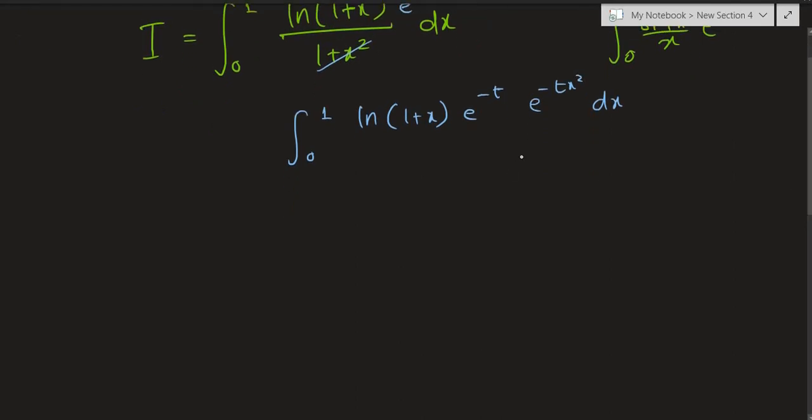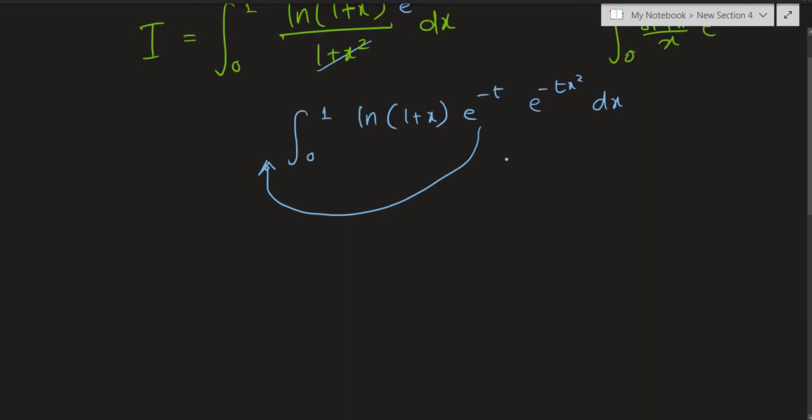And there are many issues with this term, because now e raised to negative t is still a constant, so we can take it out. But this other term is some sort of semi-Gaussian type of integral, and it's not even Gaussian because the upper and lower bounds are from 0 to 1, not 0 to infinity.